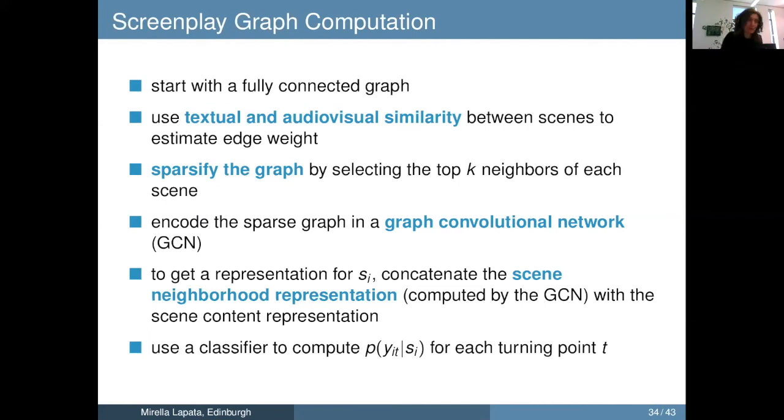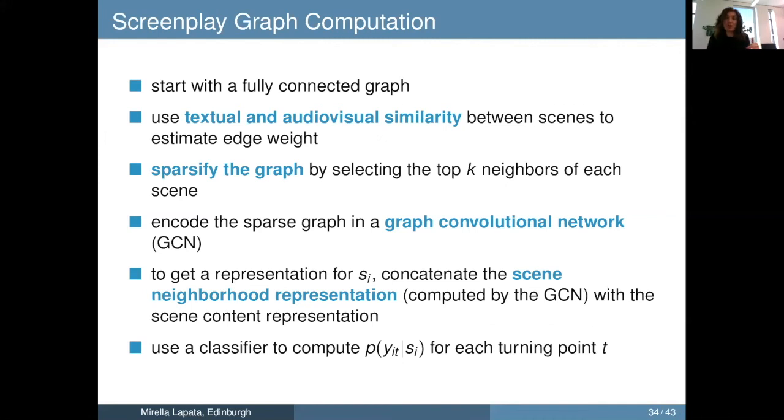Sparsification is important because we want to be able to compare movies, and if the graphs are all fully connected and similar to each other, I'm not going to be able to discern differences. So we sparsify the graph because we want them to be sparse to detect differences, but also computationally, it's better to have fewer connections. So we will select the top K neighbors for each scene.